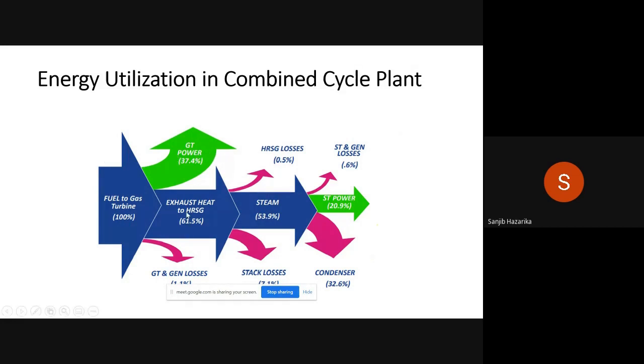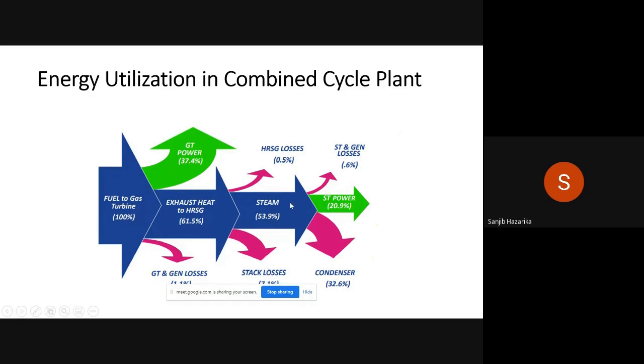Whatever exhaust gas there is goes to the HRSG, the heat recovery steam generator, and certain losses also happen in the gas turbine, such as generator losses or other extra losses. In the HRSG, it is used to produce steam, and subsequently there are HRSG losses as well, surface losses, and also stack losses.